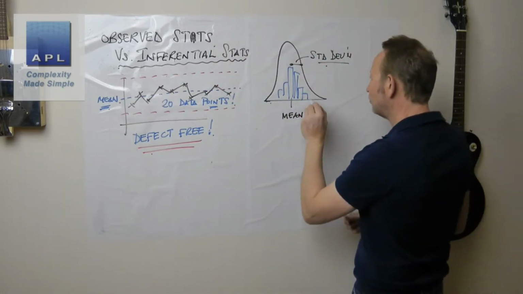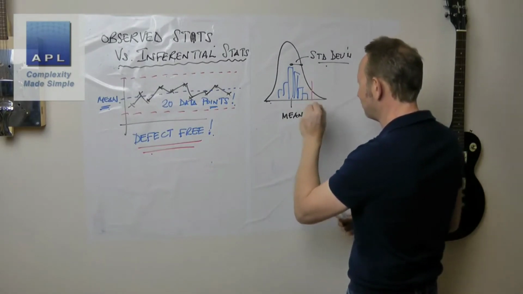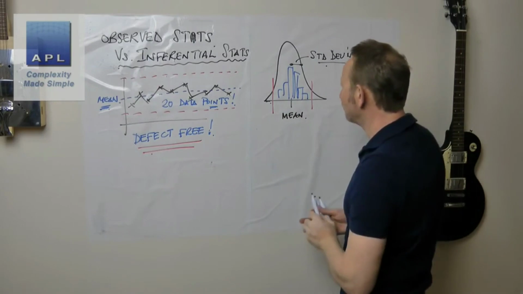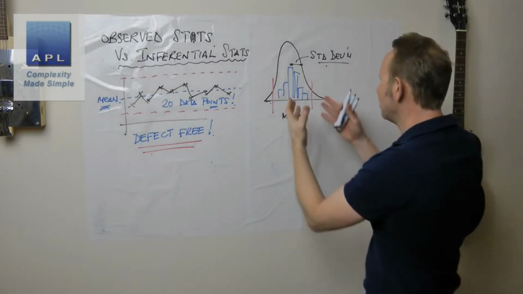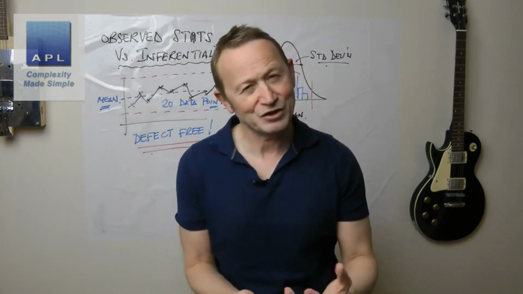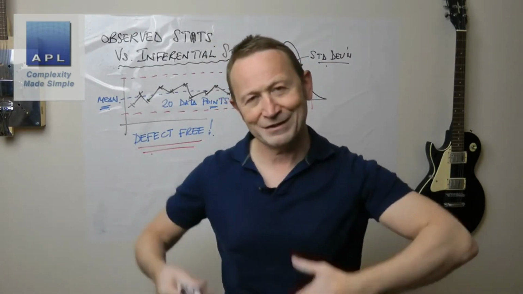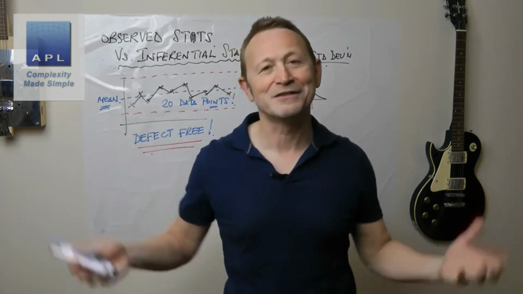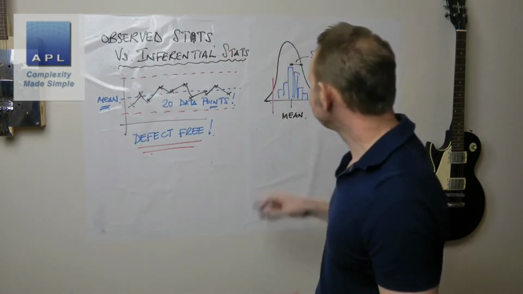Well, they're likely to have come from the middle. So if we put tolerances in here, they come from the middle. They're all inside the tolerance, they're all defect free. But look, there's more data in the middle. They're bound to come from the middle. I've only taken 20. I've taken 20 out of maybe 10,000, 20,000, 30,000 that I might be making in the next year.